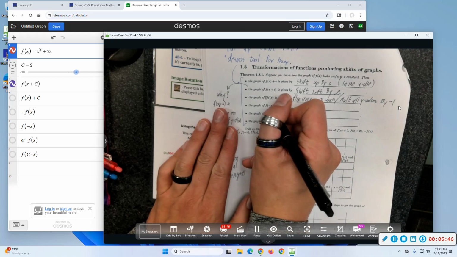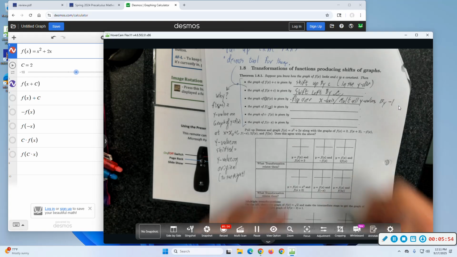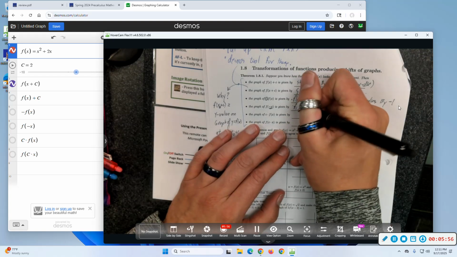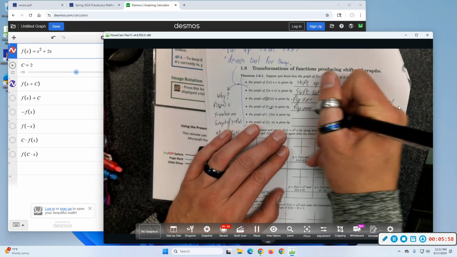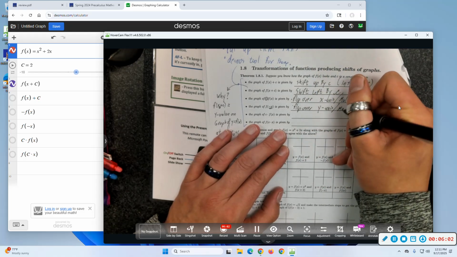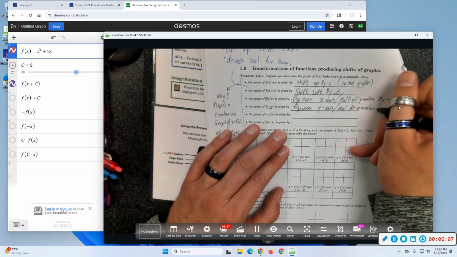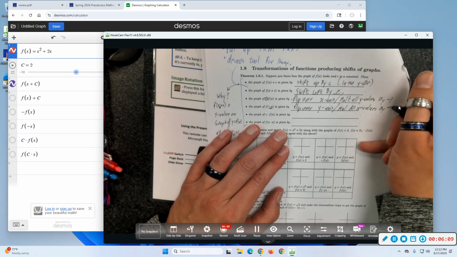What if I put a negative inside of the parentheses? What do people intuitively think will happen there? I think it'll flip over the y-axis. Slash multiply all x values by -1.